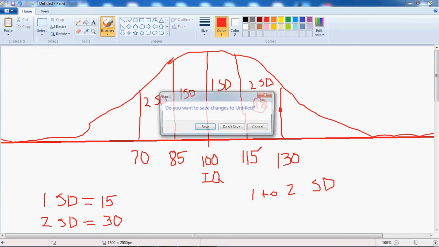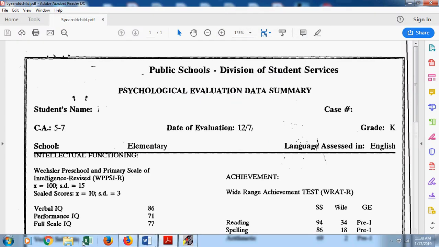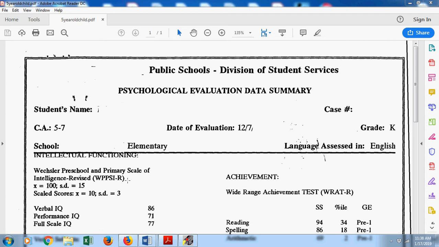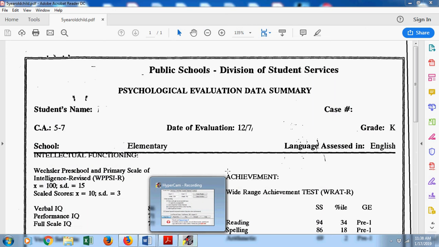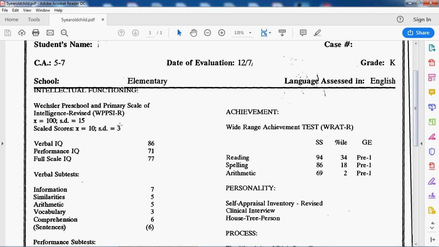No, let's reopen it. Okay, so now let's look at this test here. You look at this here, the scores here, that's based on the norm referenced.